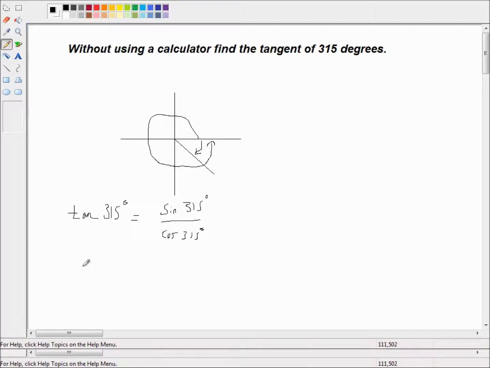Okay, let's just quickly go through this. So the sine of 315 degrees is equal to minus the sine of 45 degrees.